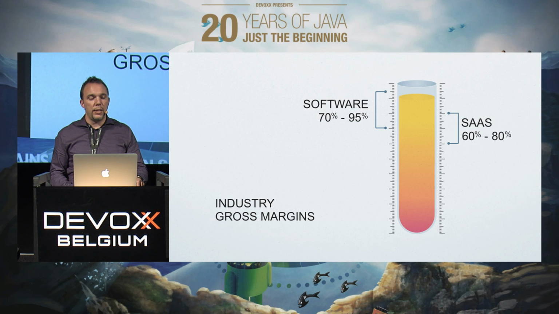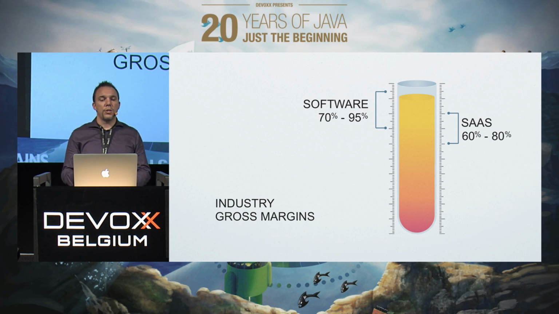In the software industry, we have a gross margin of 70 to 95%. Imagine Microsoft: when you buy a copy of Word, now you can even download it, and bandwidth is dirt cheap, so that's actually the only cost that Microsoft has for delivering you Word. They used to print this on CDs, but the cost of the CD is negligible compared to that 160 euros or whatever you had to pay for your Microsoft license.